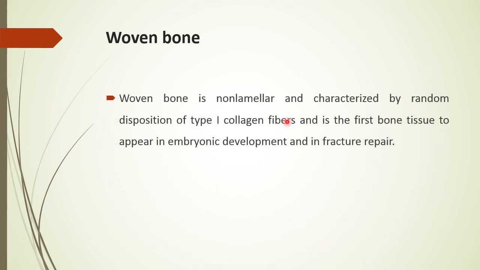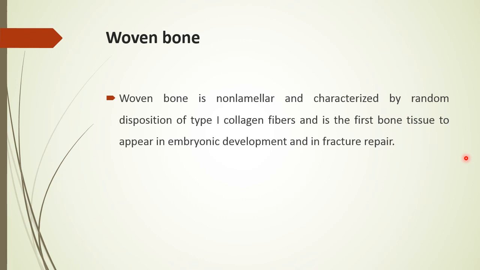The woven bone is non-lamellar, there are no lamellae, characterized by random disposition of type 1 collagen fibers, and is the first bone tissue to appear in embryonic development and in fracture repair. So it's immature bone, with no lamellae, made of a random collection of type 1 collagen fibers, and it is the first to appear in embryonic development and also in fracture repair.